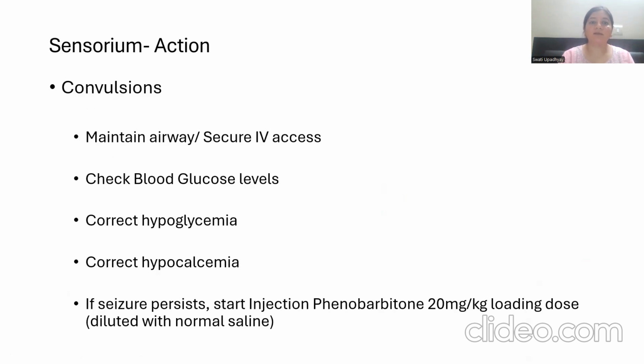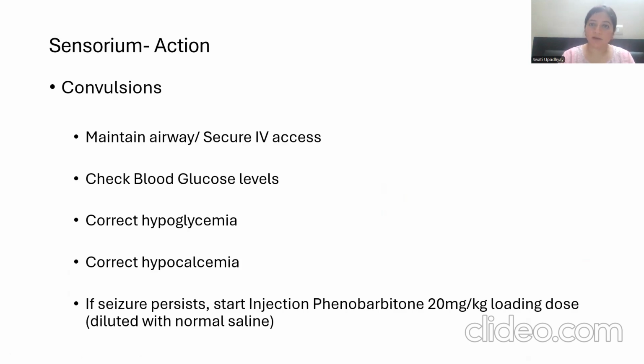Now, if the baby is having convulsions, you have to act fast, maintain the airway, secure IV access, check blood glucose levels, and if sugars are less than 45 mg per deciliter, give dextrose 10% at 2 ml per kg intravenous, followed by a D10 infusion at glucose infusion rate of 6 mg per kg per minute.